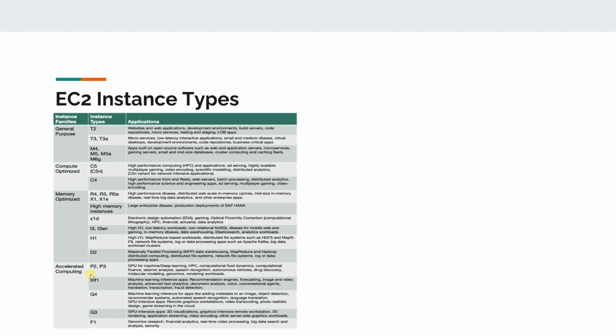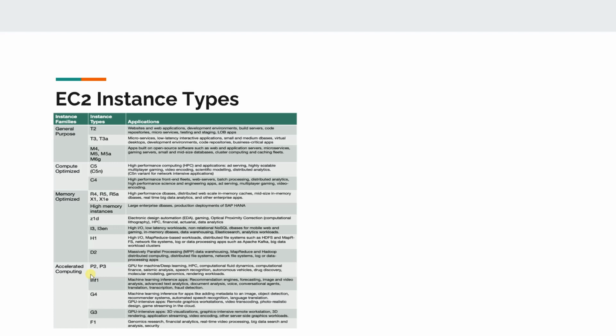They also have memory optimized instances like our R4, R5. Those are for applications that require high memory usage, like data analytics, big data, real time analyzing of data. Those kinds of applications consume a lot of memory. Then we also have accelerated computing, like our P4, P3, G4, G3.